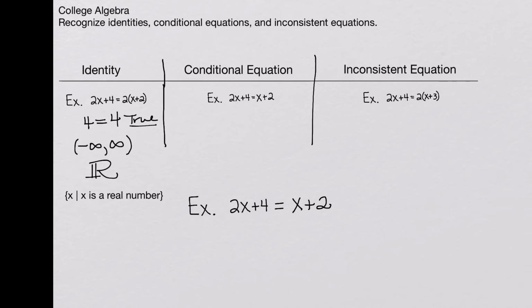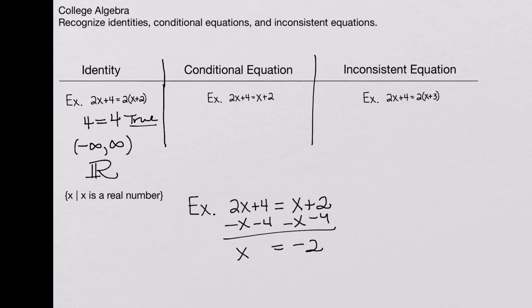It's one that you're used to working with all the time. So here I have 2x plus 4 equals x plus 2. So we're going to get one solution to this equation, and I can minus x from both sides, and I get x. I can subtract 4 from both sides, and x equals negative 2.